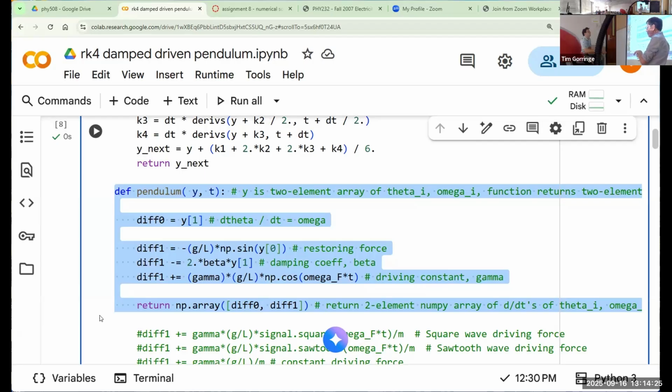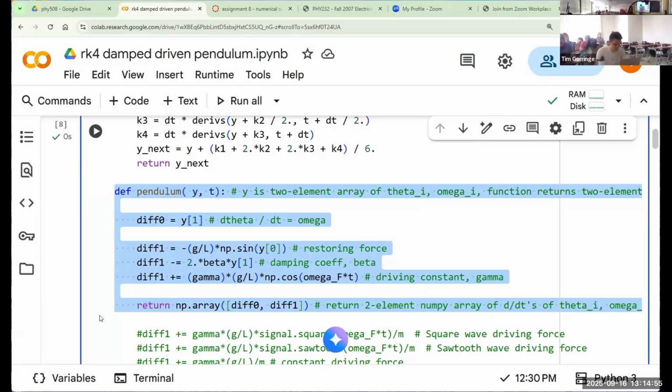equations. And what were the differential equations for the pendulum? One of them was just that d theta by dt, the first differential of theta, is equal to omega, the velocity that we introduced. That's all I'm specifying here. That's the first differential equation. And then the second differential equation, I'm specifying in these 3 lines.